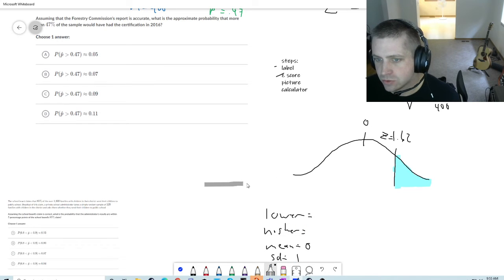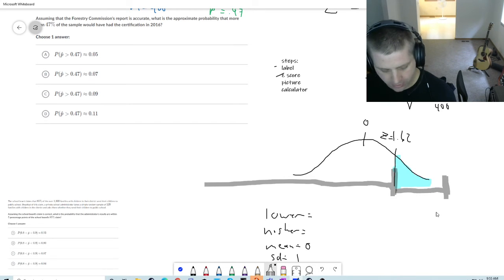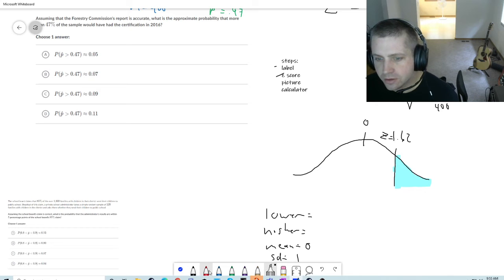And then as soon as you hit your shaded area, that's your lower, right? And then you keep going, and then as soon as you're done, that's your upper. So your lower, upper. Now, the lower here is going to be 1.62. For your upper, since it goes off into infinity, all you got to do is just put a really high z-score, like 1,000.